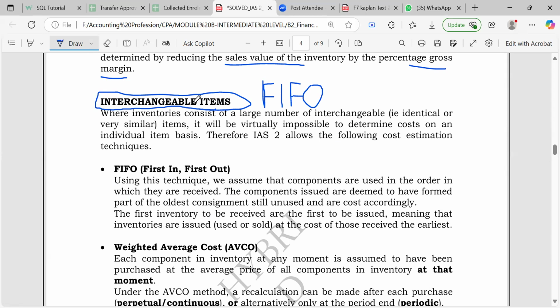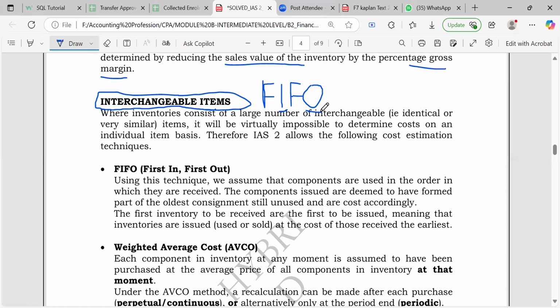What do we do with this inventory? We buy it. For example, I'm presuming we are not making, maybe we are buying from outside. The first to be bought is the first to be sold. You should not say whatever comes in first goes out first. Yes. Whatever is bought first is what will be sold first.